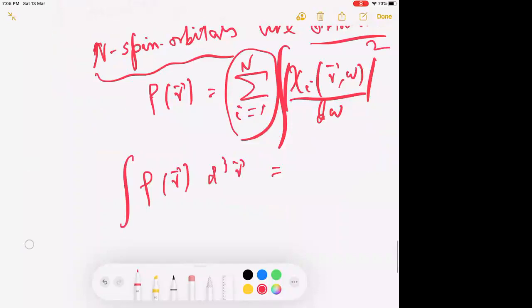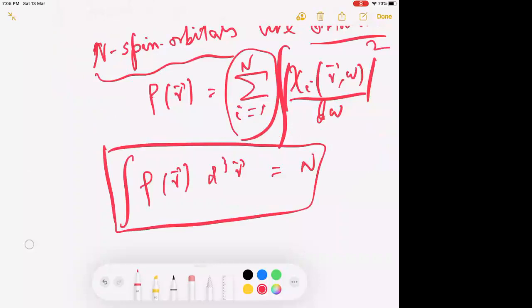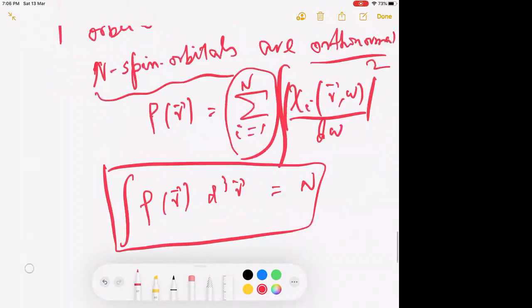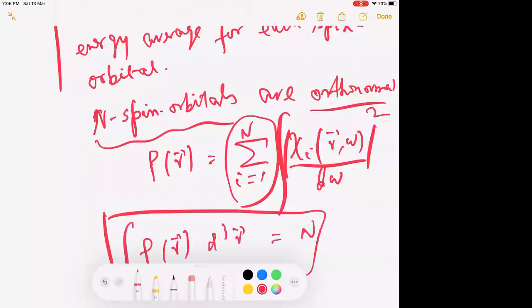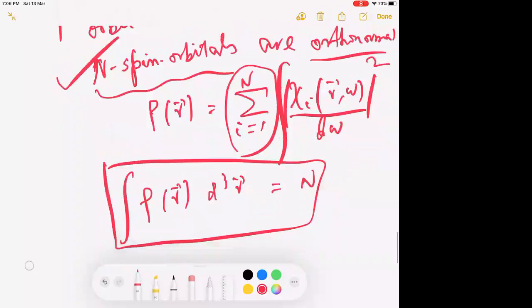So remember our condition. Whatever we do, you must have this condition, and that will be required for the Hohenberg-Kohn theorem too. That condition is automatically satisfied if you assume that the n spin orbitals are orthonormal. So that's a very important assumption, and that will ensure that the density, if you sum over the entire electron density, should give you the total number of electrons. And that is the whole idea.